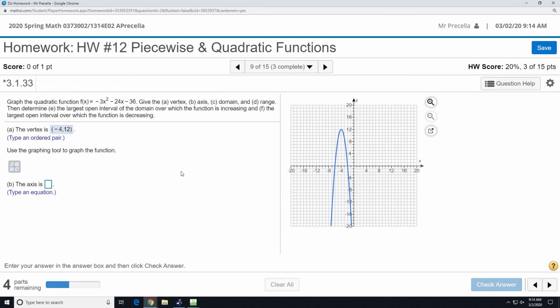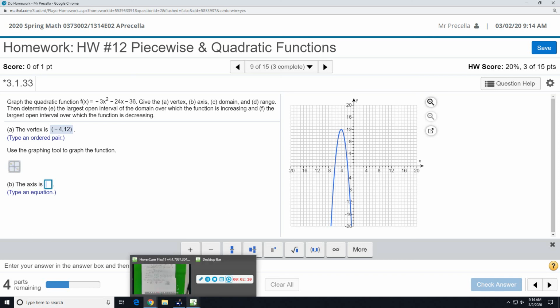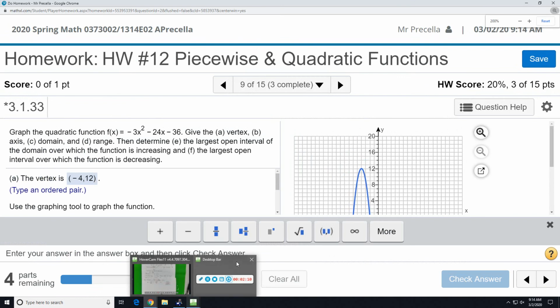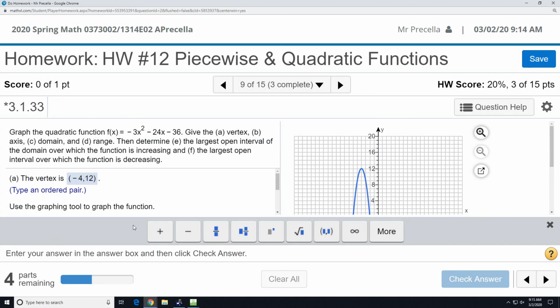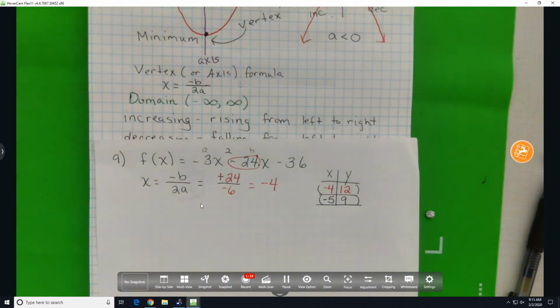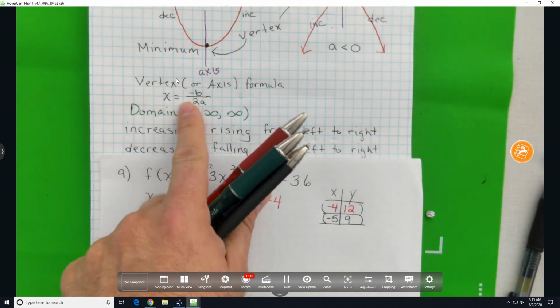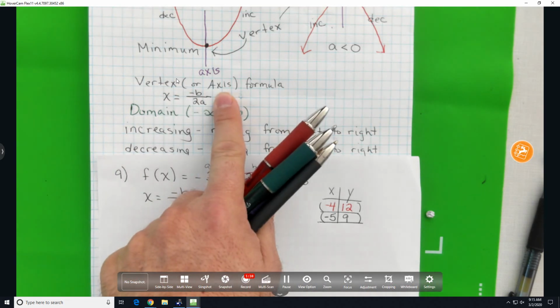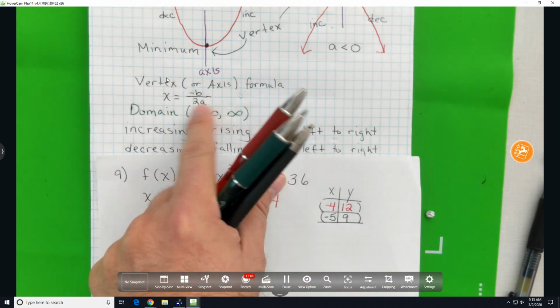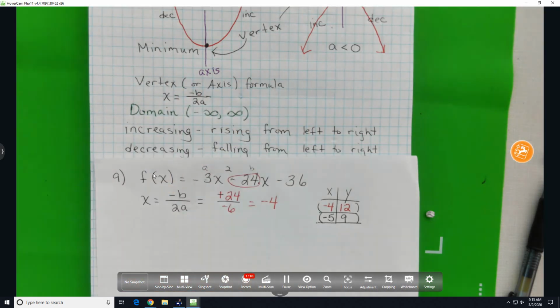Okay, now it says the axis. Well, notice it says type an equation. No, it's not just -4. Axis. Let me see something. Maybe I can make this bigger. Oh, okay. First I wanted to remind them of something that I'd written. Axis is that vertical line, and this formula I said could be called the Vertex Formula or the axis formula.